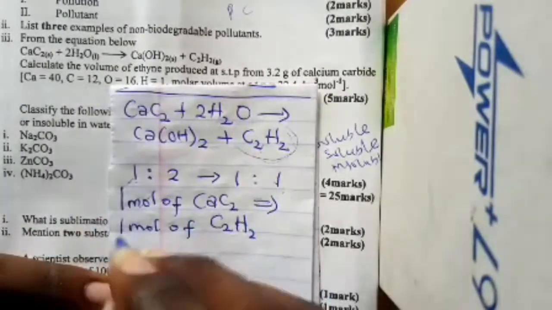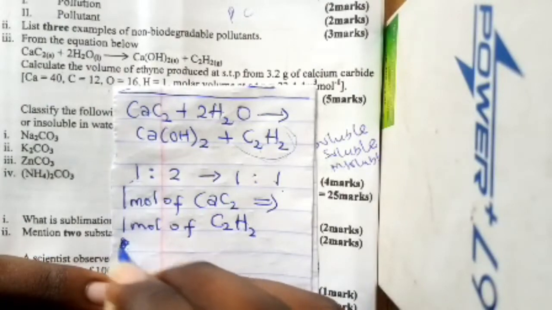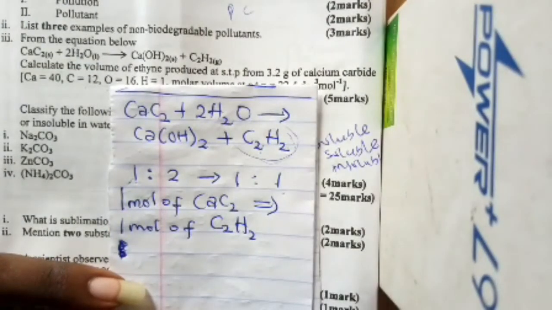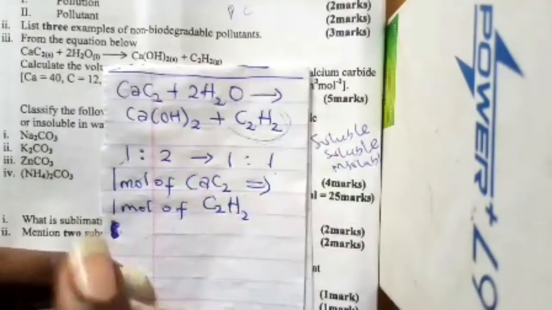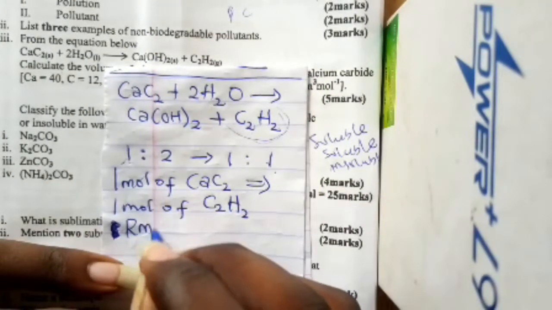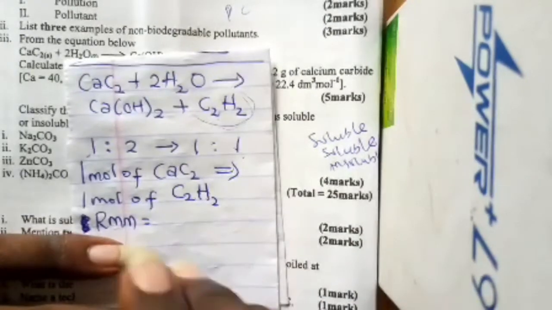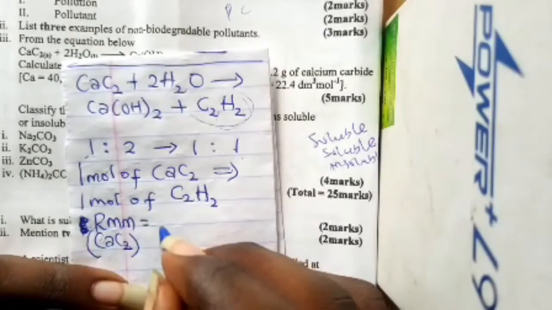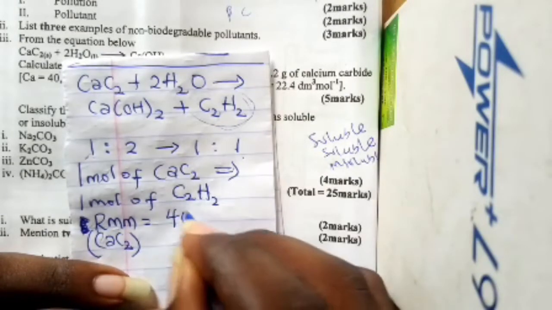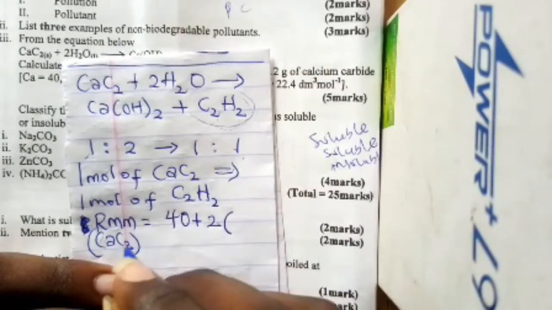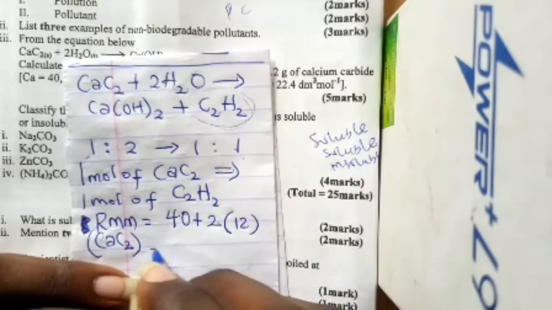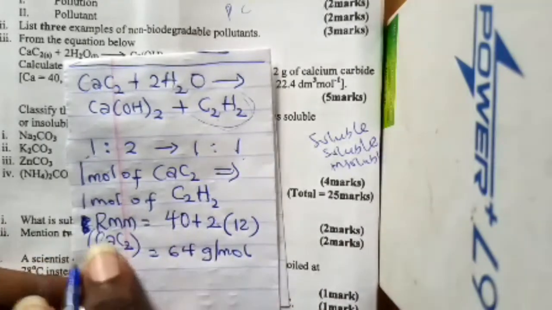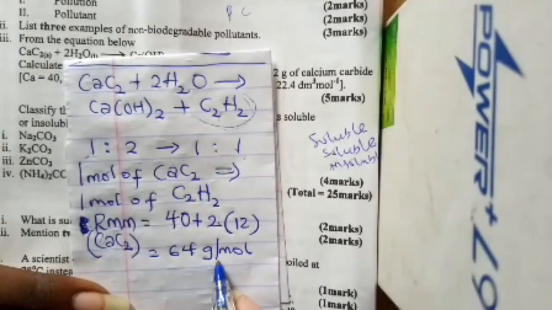So first we need to find the number of moles of 3.2 gram of calcium carbide. Now first find the RMM, the relative molecular mass of calcium carbide. Now calcium, which is 40, plus 2 times carbon, which is 12. Now this gives us 64 gram per mole. So 1 mole of calcium carbide is 64 gram per mole.